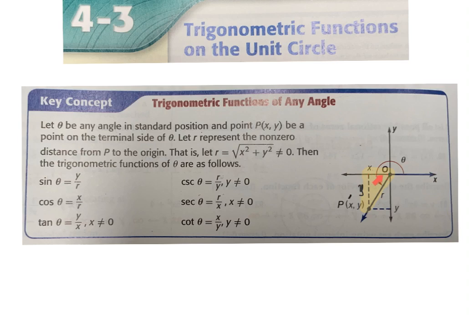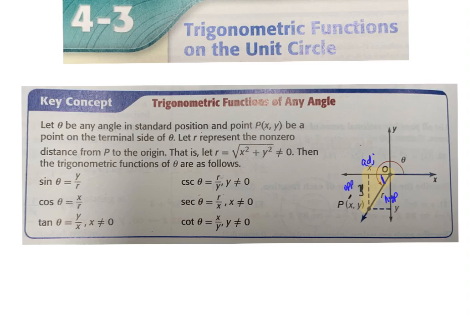If I label this entire triangle based on this angle, this is adjacent, this is opposite, and this is my hypotenuse, and I can simply do SOHCAHTOA throughout, creating that right triangle.